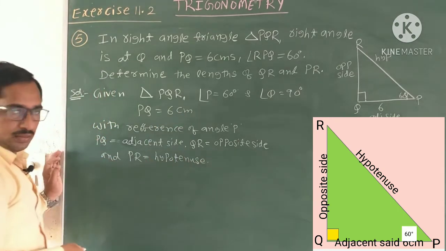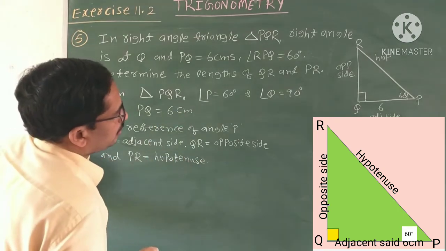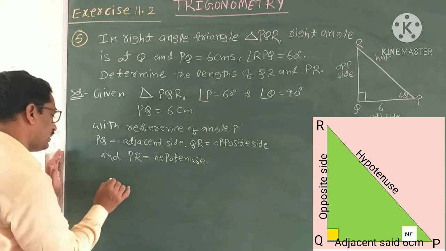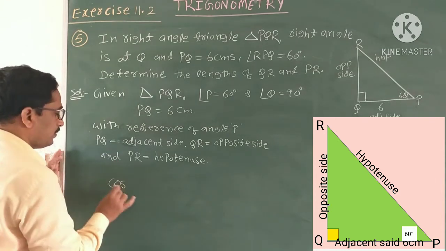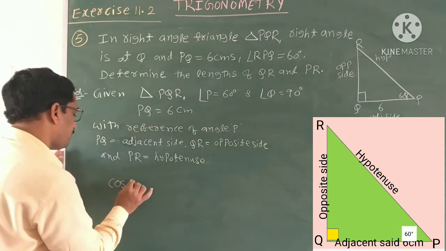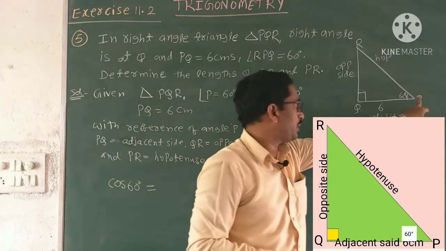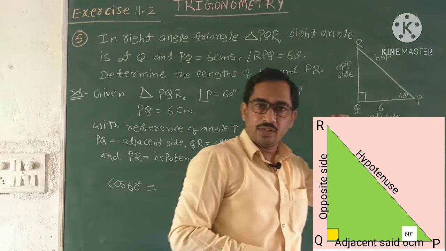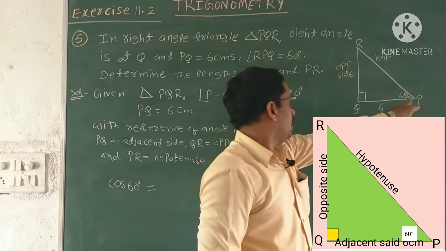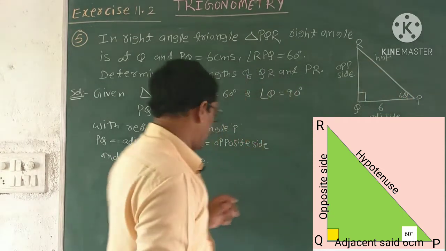Now find out the lengths of QR and PR. See, first take cos P, cos 60, or angle at P, cos 60 degrees. Here the angle at P 60 degrees. The cos theta formula or cos A formula, adjacent side by hypotenuse.